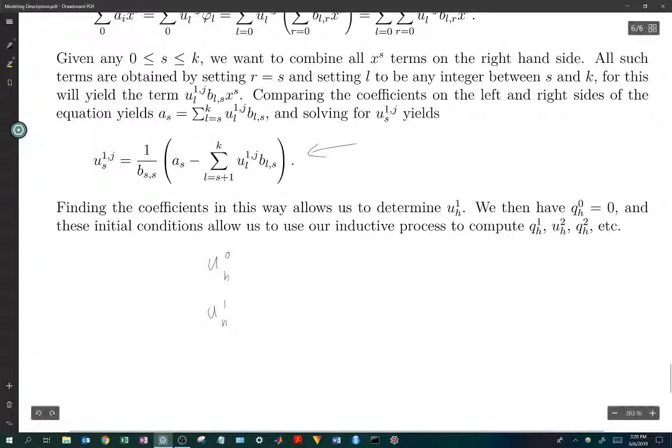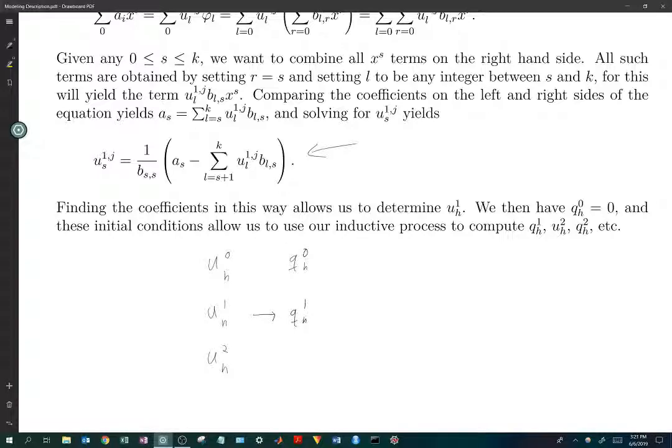Now, QH0 we don't actually really need, but now let's move on to UH2. Now for UH2 we need UH1, UH0, and QH1. The way we get QH1 is we get it directly from UH1.